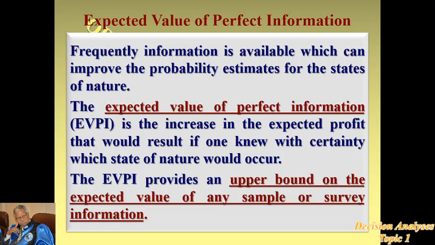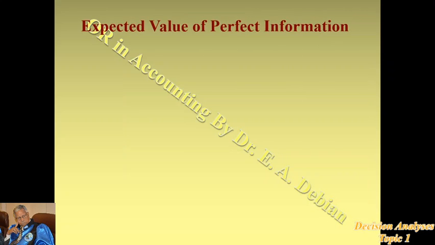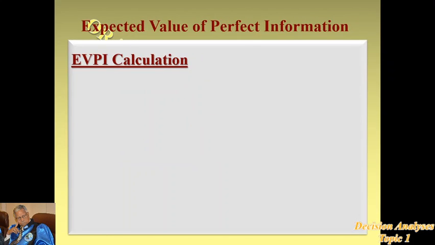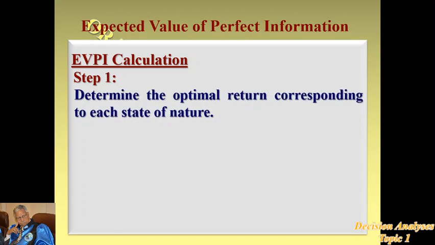How can we interpret it numerically? Go to our example. To calculate the expected value of perfect information, first, we will determine the optimal return corresponding to each state of nature, the largest value of each column.